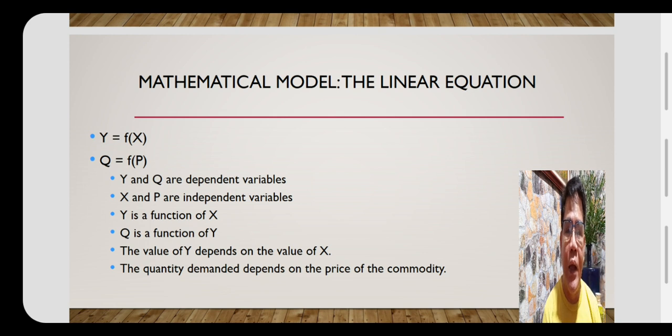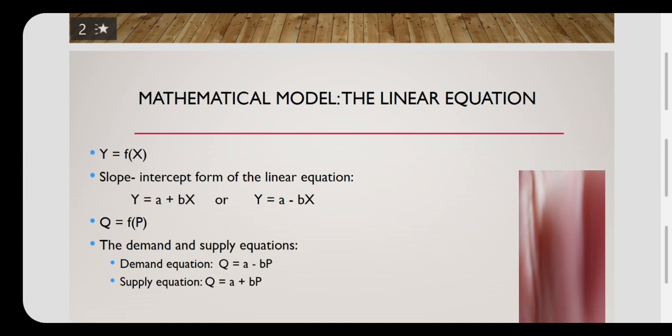So that in dealing with the demand and supply function, instead of the letters y and x to symbolize the dependent and the independent variable respectively, we will now make use of Q and P. So that is how we express the functional relationship between the two variables, the y and the x, or the Q and the P. Let us now go to the next slide.